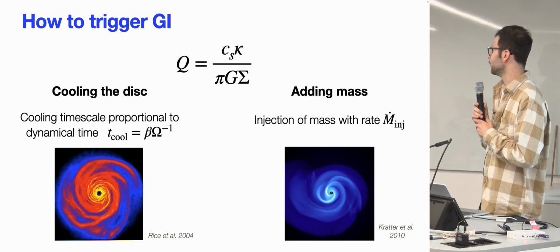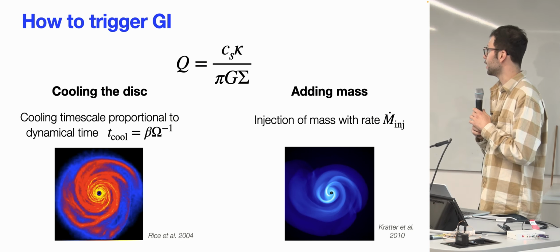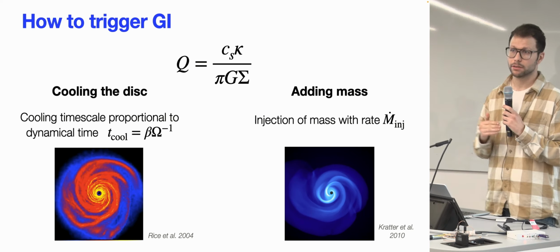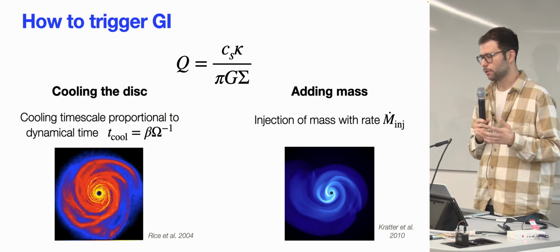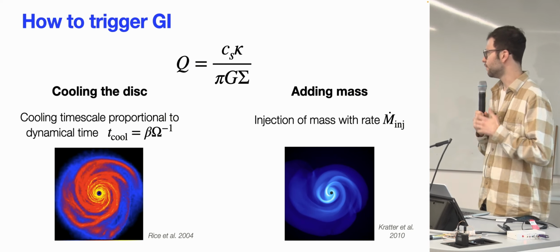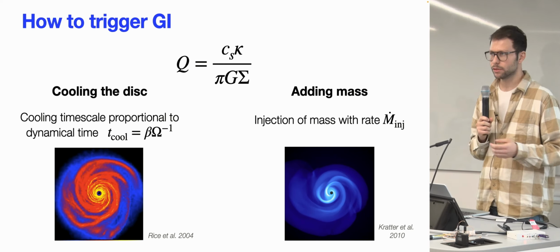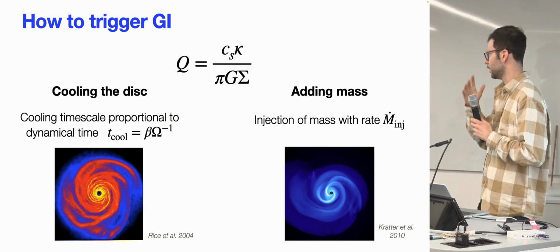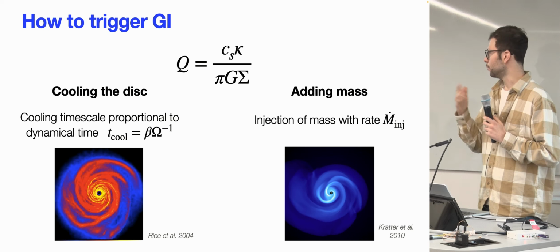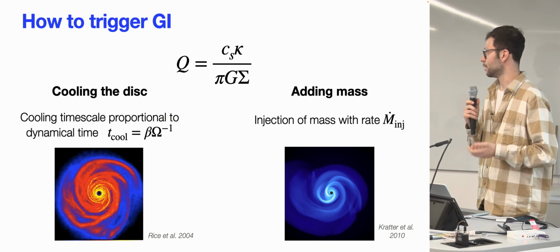The idea is that we can do 2 things. The first one is to cool the disk, so to decrease the sound speed. This is a typical approach in numerical simulations, since it is very easy to implement in numerical codes, even though it's not so realistic, but it can give us an idea of how gravitational instability works.